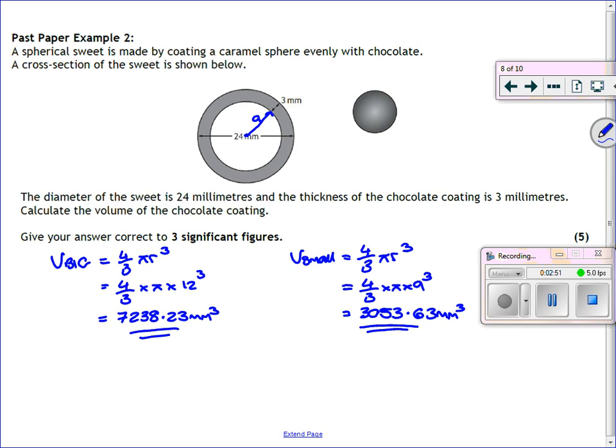And then we are asked to work out the difference in that. We're asked to just take the small volume away from the big volume to leave that donut-shaped volume around the outside. So it's a difference.